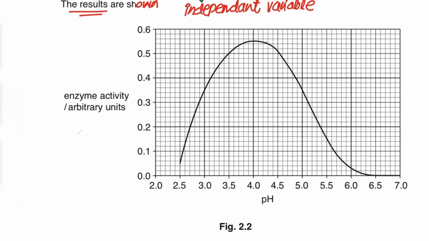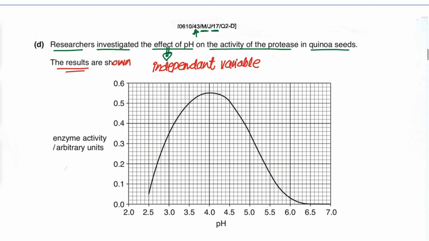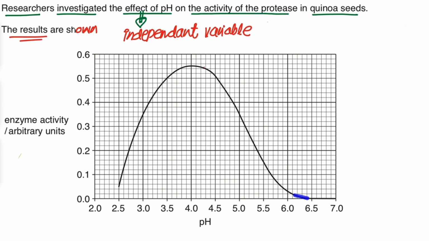To describe this graph, at pH 2.5 the enzyme's activity is around 0.05 arbitrary units. Then the enzyme works at all the given pH values, but when we come near pH 6.4, the enzyme is no longer working because the graph has touched the x-axis.